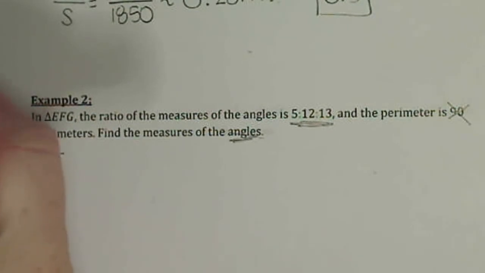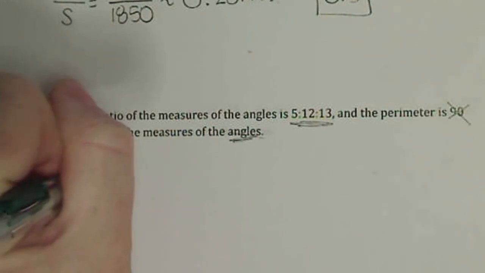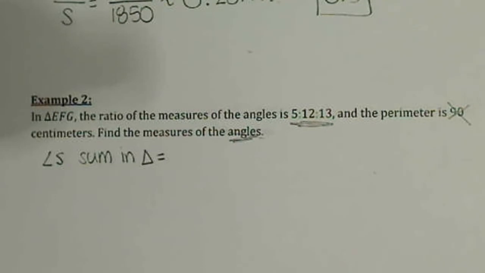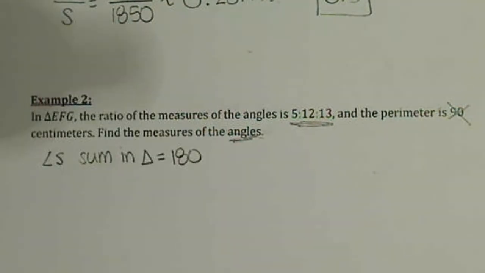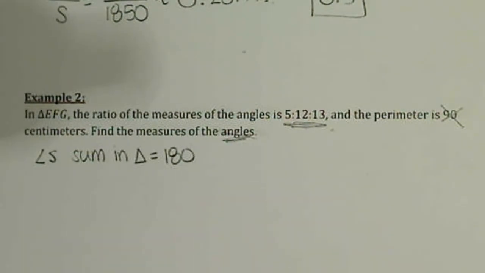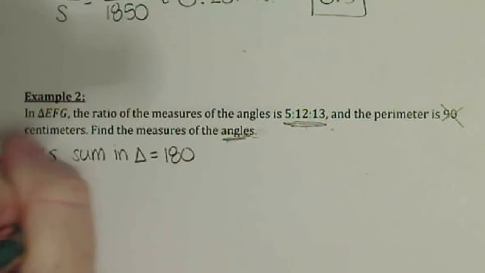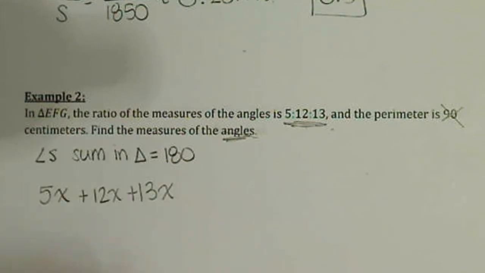If you remember, triangles, the angles, what do the angles add up to? They add up to 180. So if we take our ratio, 5, 12, and 13, we're going to make an equation. 5x plus 12x plus 13x.